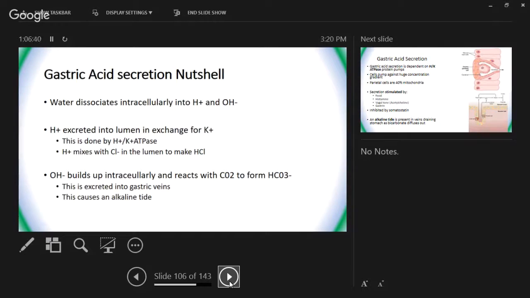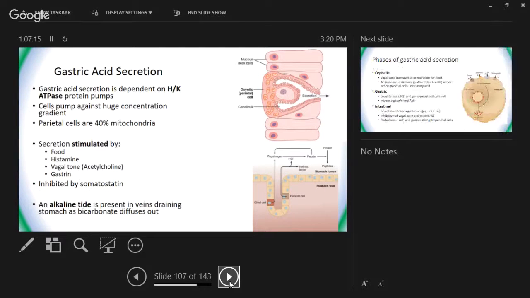As for the OH minus, it reacts with carbon dioxide to make bicarbonate, and bicarbonate can accept a proton, which makes it basic. So the bicarbonate drains into the gastric veins. You might get asked why the veins are more basic: it's because you get all that bicarbonate, which is a byproduct of gastric acid production, draining into the veins. Happy with that?